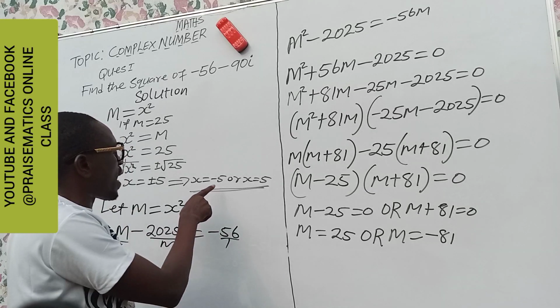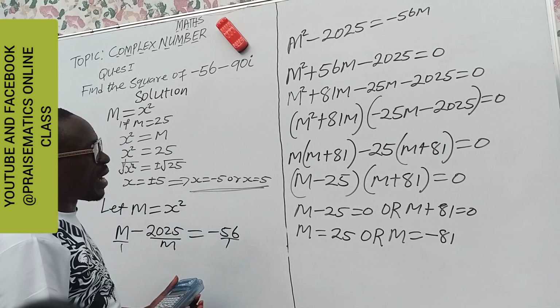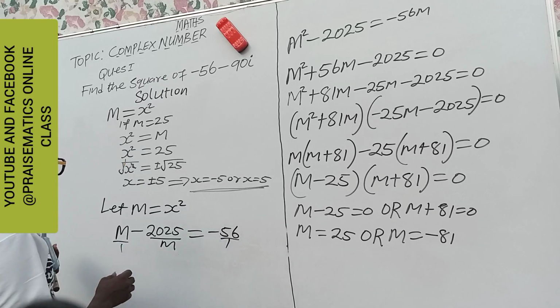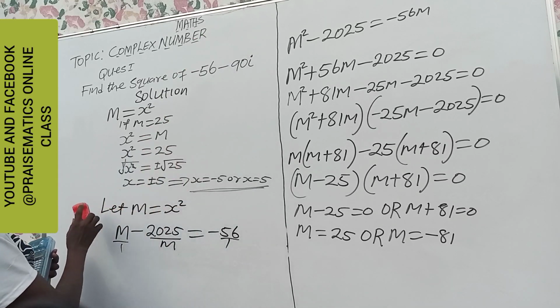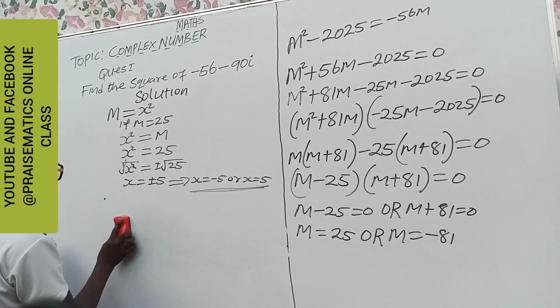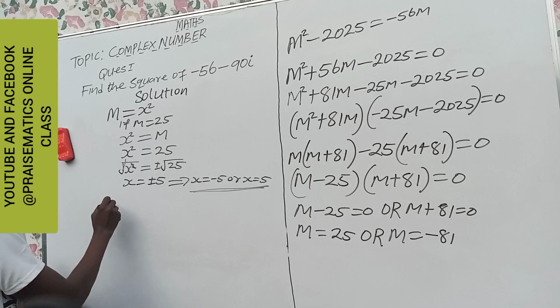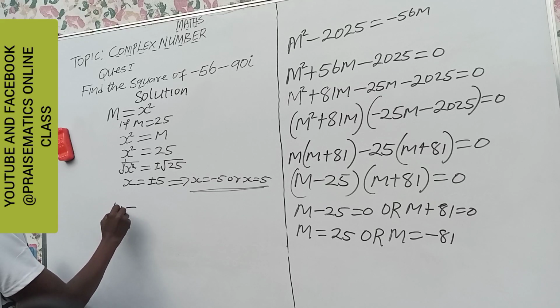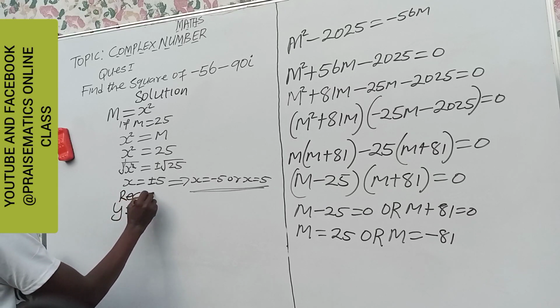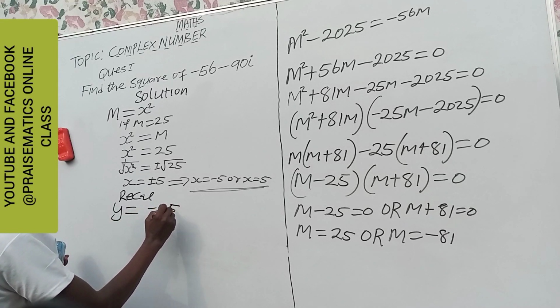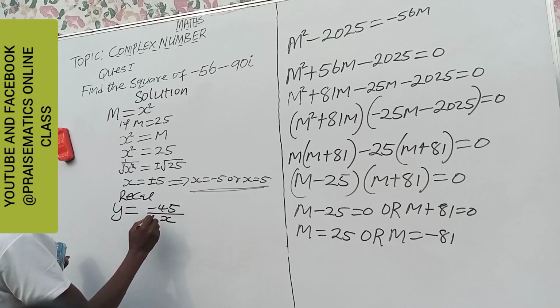Or after getting x now, you will return back to the equation that we made. Equation 3 says that y equals to minus 45 over x.